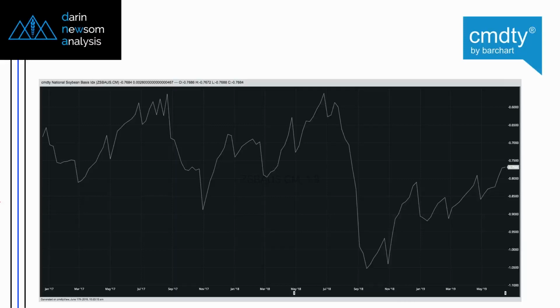Now, yes, it's running below where it has the last 4 years, and it's seeing its seasonal strength, which tends to top out in late July. But the key is that there's usually this inverse relationship between what's going on in the futures market and what goes on in basis. If we've got a strong rally going there, and we've got plenty of soybeans on hand, which we do, basis very seldom tends to strengthen, but this is one of those cases.